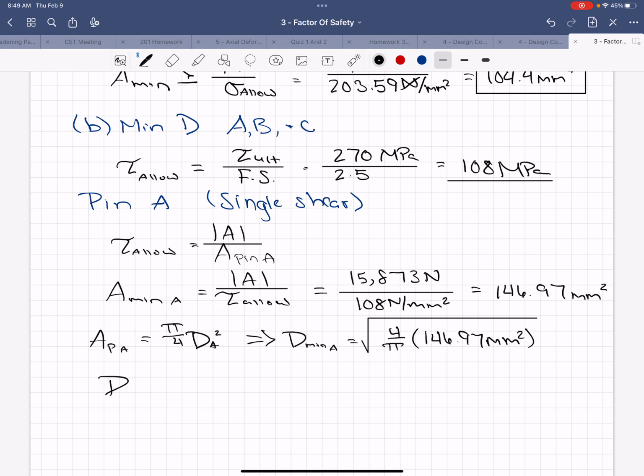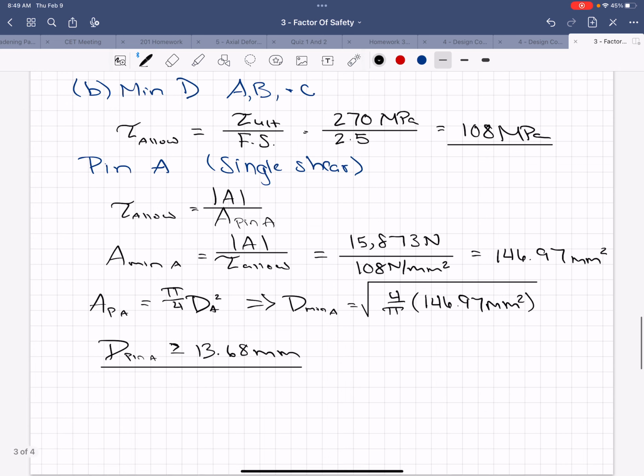So D for pin A is greater than or equal to 13.68 millimeters. Okay, now we have to find the minimum diameter for the pins at B and C.